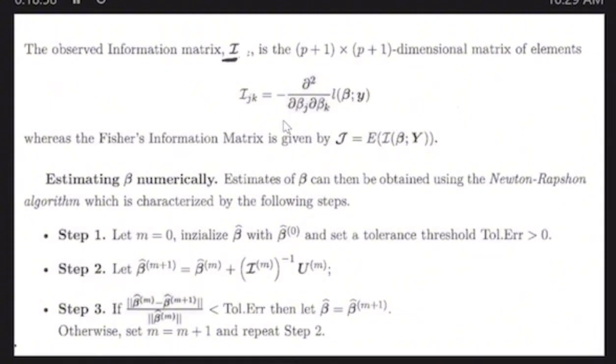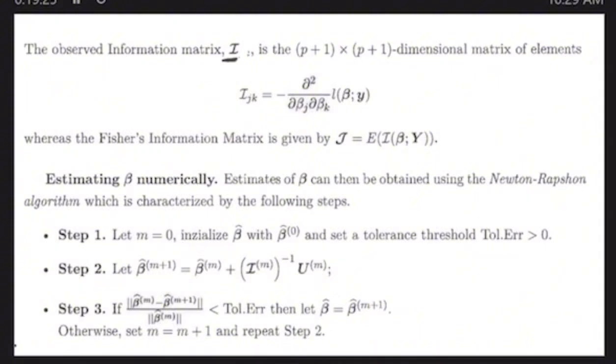The Fisher information tells us the amount of information the regression parameter carries about the response. Numerically, we'll be able to estimate the parameter using the Newton-Raphson algorithm, until it converges.